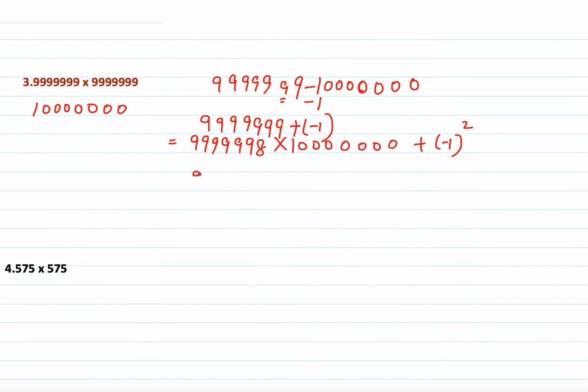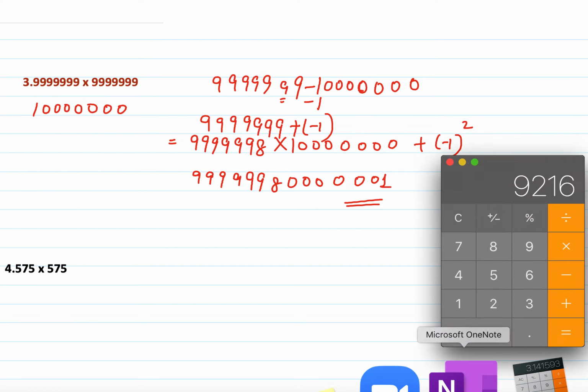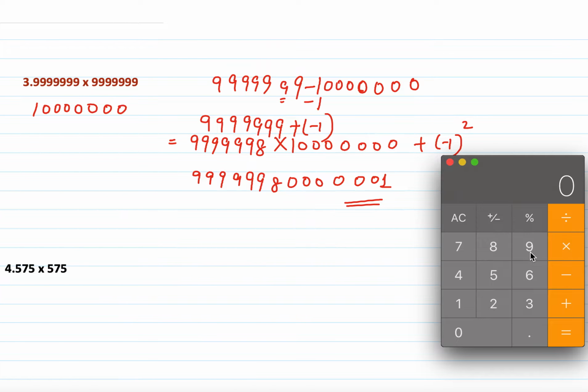So our answer will be this. Let's check this answer right now because it's a big number. So 9999999 into 9999999. Our answer is the same. See, our answer is correct, right?